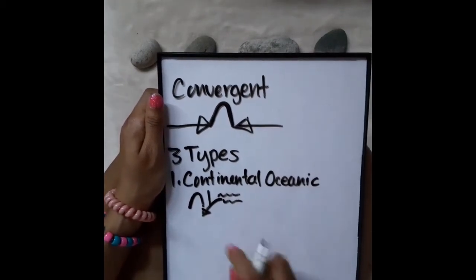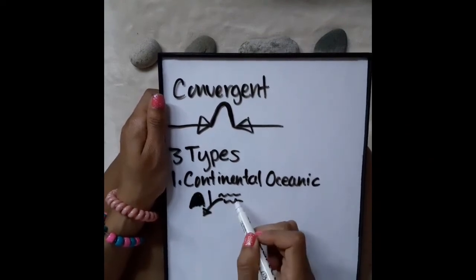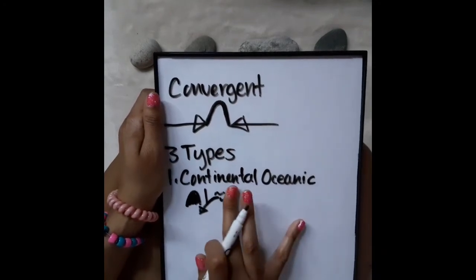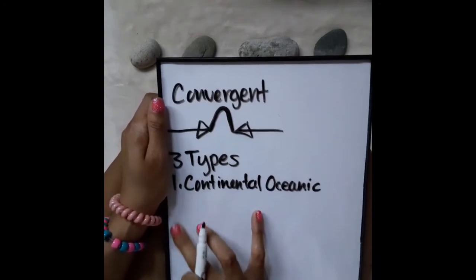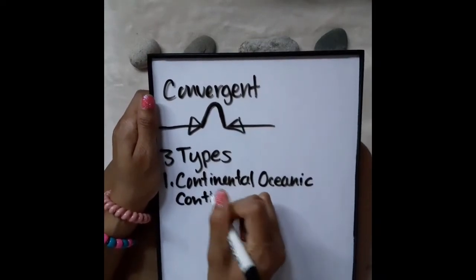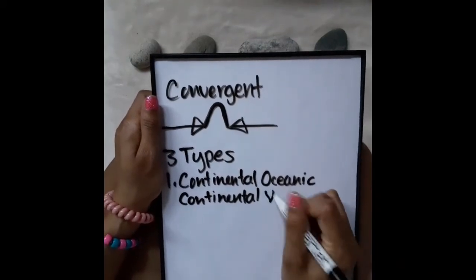So there you have it. That's the volcano that's created after this lithosphere pushes down into the continental lithosphere. So let's write continental volcanic arcs.